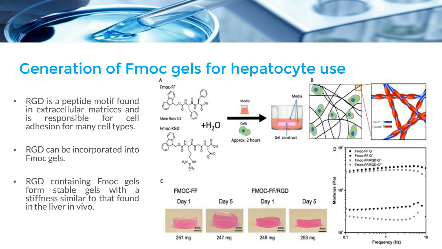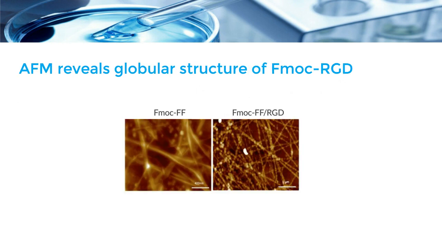We're showing this here for 5 days, but we've been able to maintain their structure for several weeks. And this is just drilling down microscopically, using atomic force microscopy, showing that these peptide motifs are incorporated onto the surface of the hydrogel.